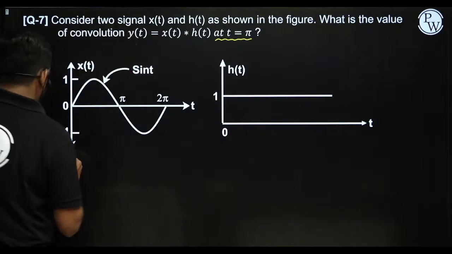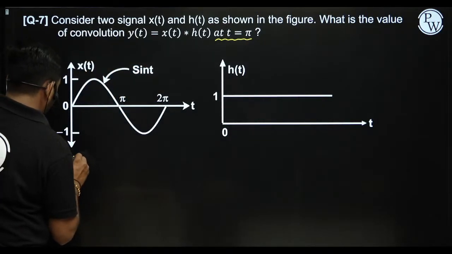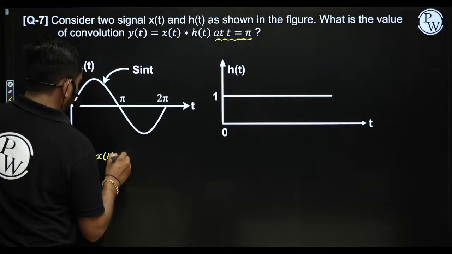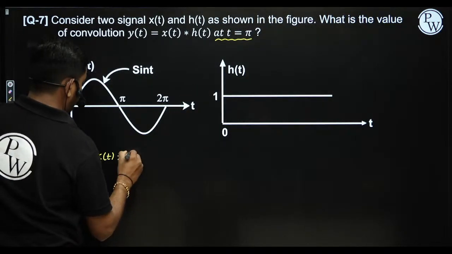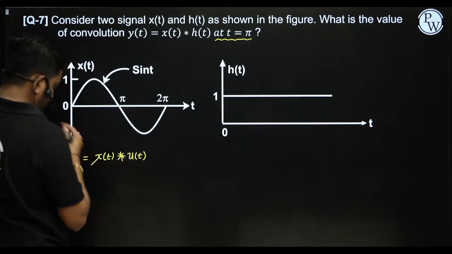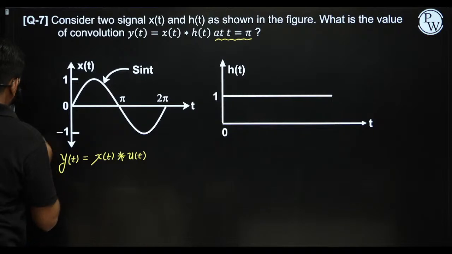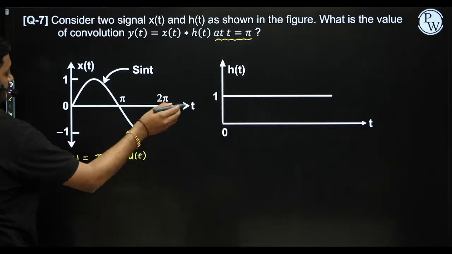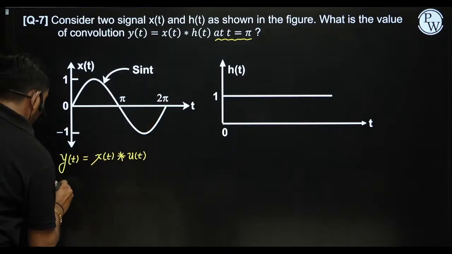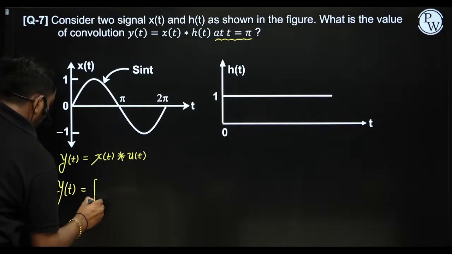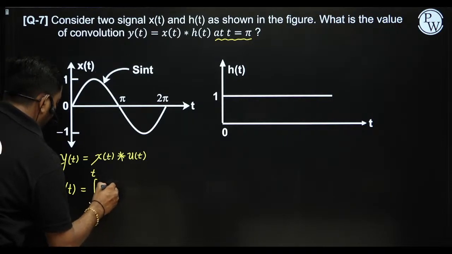Very good. Differentiation property also you can use. So here x of t convolution with this h of t is nothing but u of t. So yes, differentiation property you can use. So here I told you, if out of two signals one signal is a step function, then how to find the convolution? Simply the integration of the other signal. Do you remember?